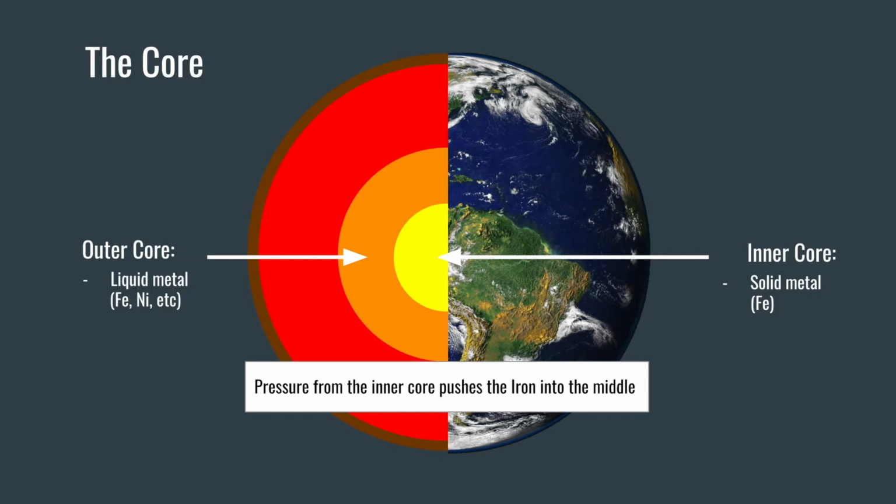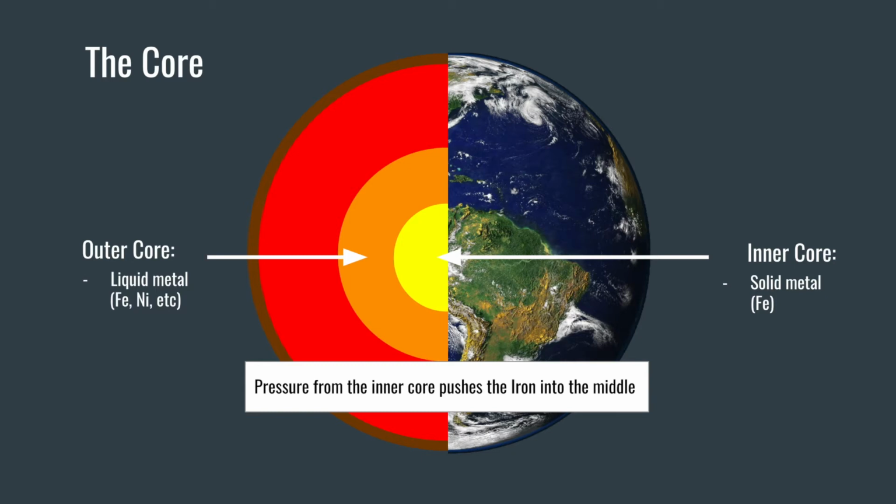The outer core is made out of a variety of metals like iron and nickel, and it's very flowy, liquid-like. And the very center is the inner core, and it's a solid metal of iron.